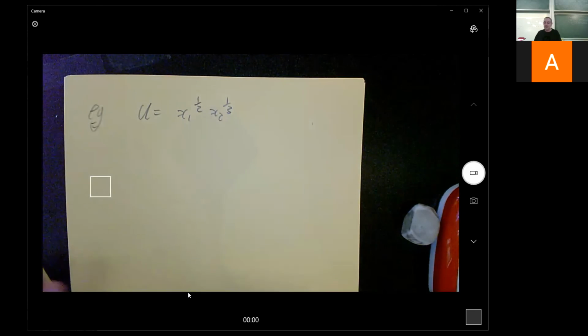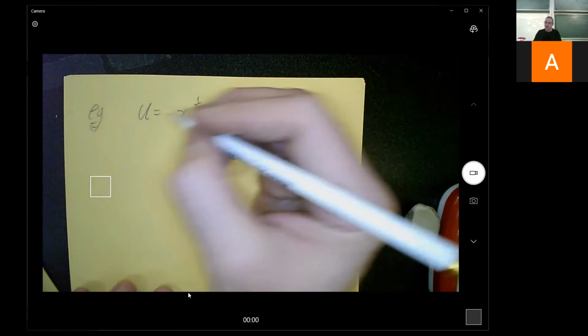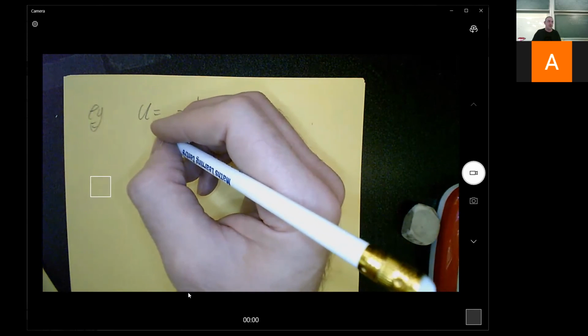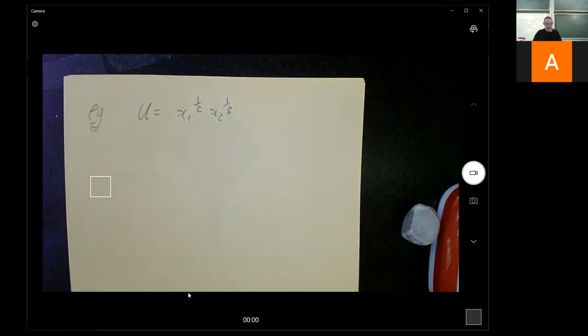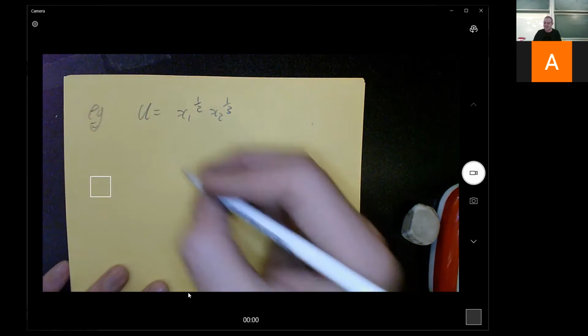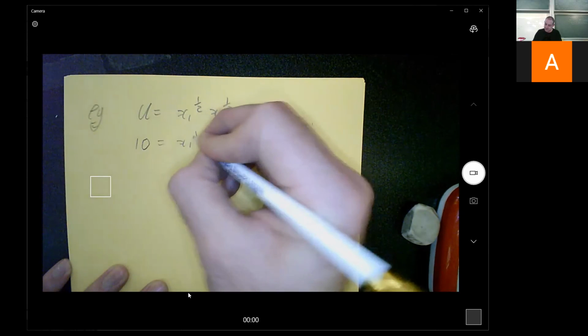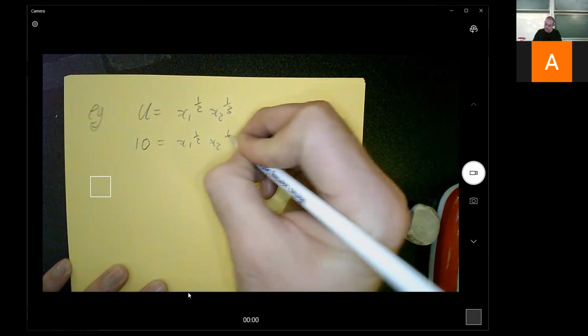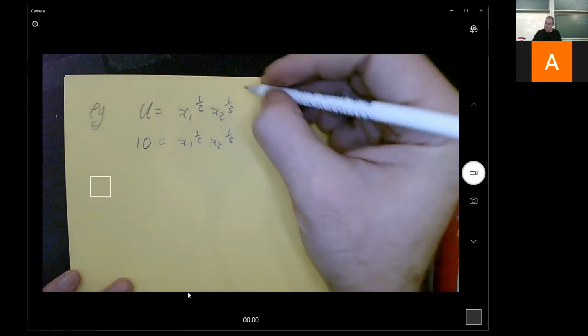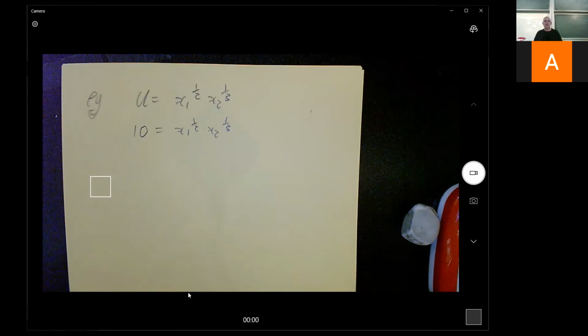So that one. So what if the utility was equal to just a specific number? What did the utility work out to when we did that? Was it 10? Okay. So I'm just making stuff up now. It's not an actual problem.